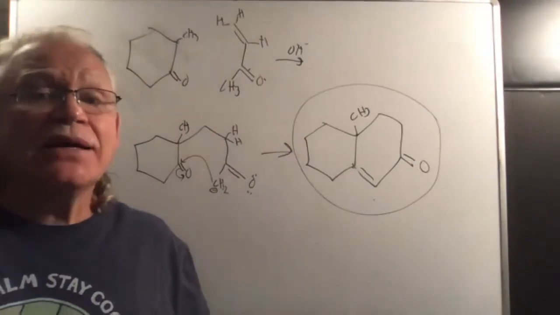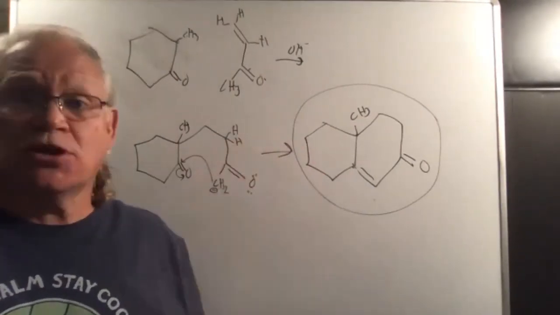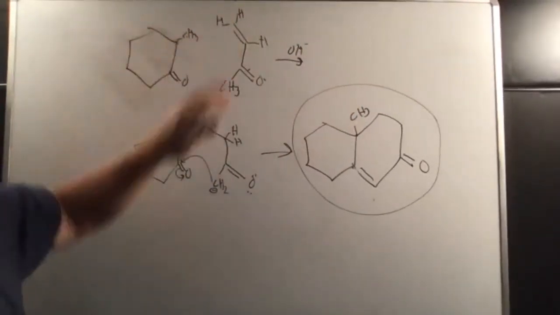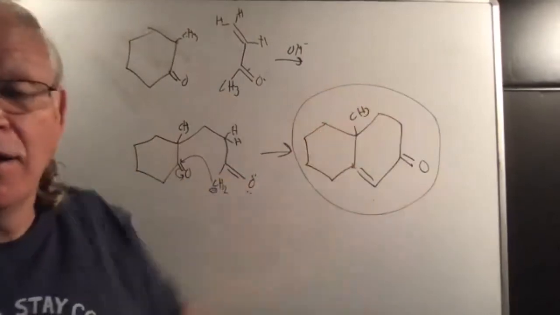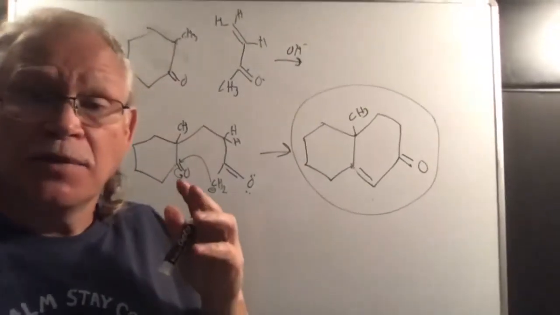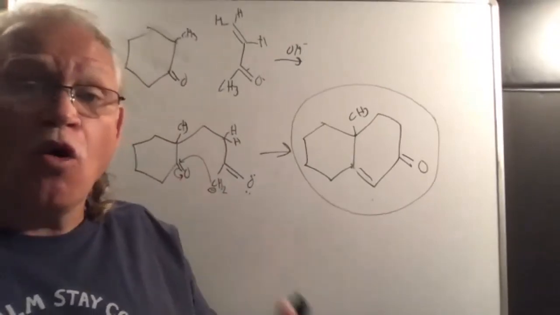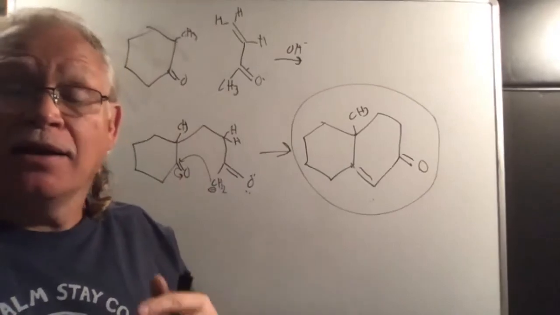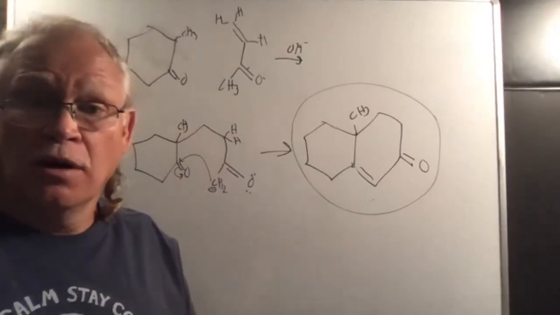So I can make these polyring systems by choosing what R groups that were on the compound. I can vary the ring structure. So I can make synthetic hormones and synthetic steroids. And those are very important, okay?